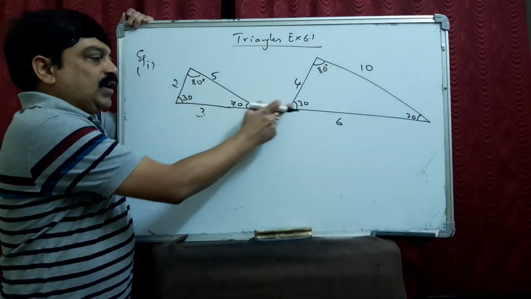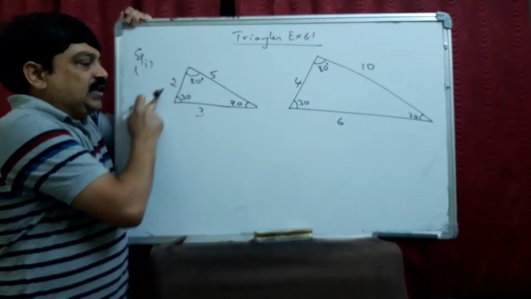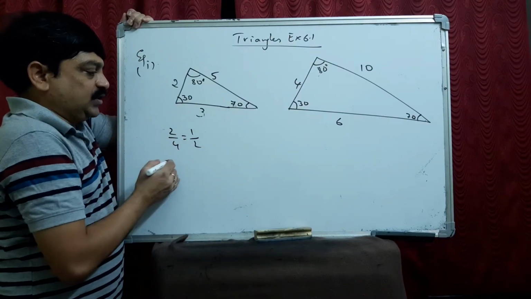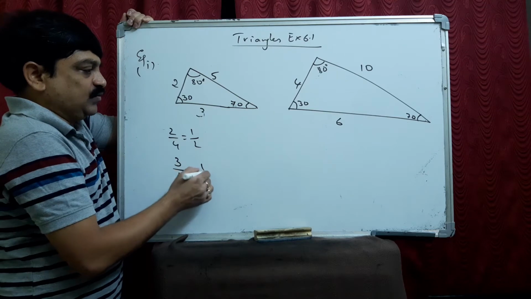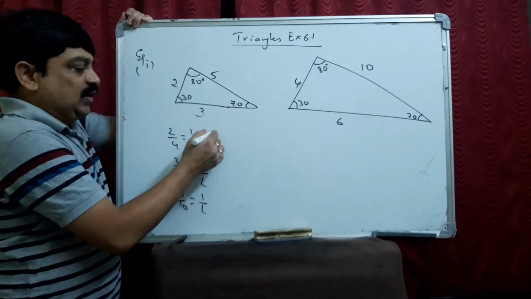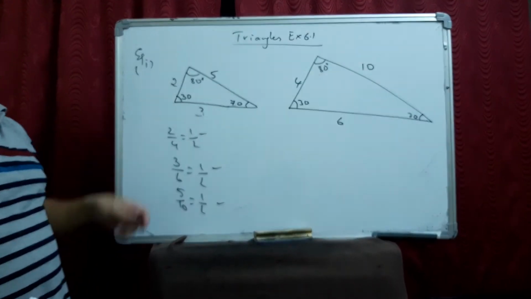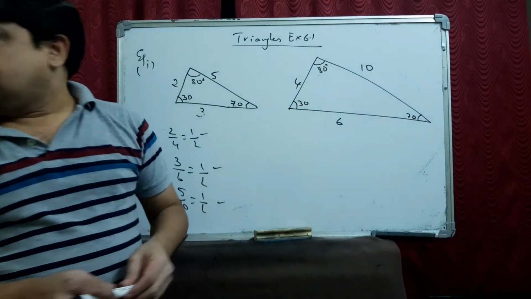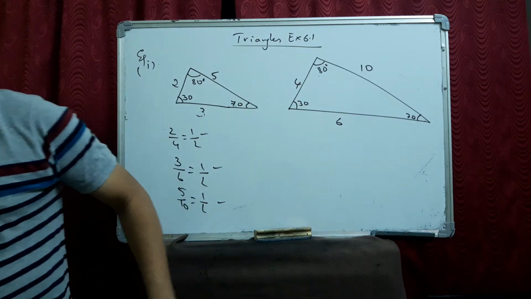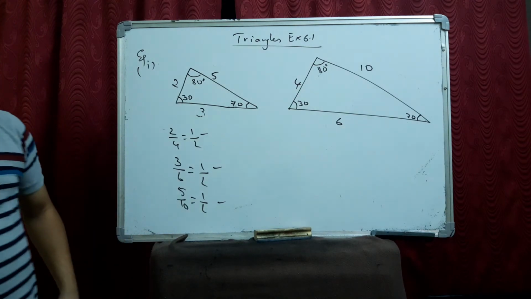See, the corresponding angles are equal, and when you take the corresponding sides, 2 by 4 is 1 by 2. Next, 3 by 6 is 1 by 2. Next, 5 by 10 is also 1 by 2. The corresponding sides are in the same ratio. So these are considered similar triangles.